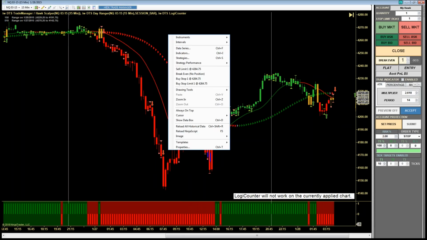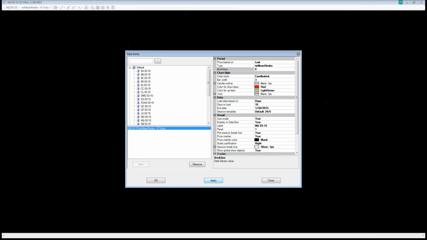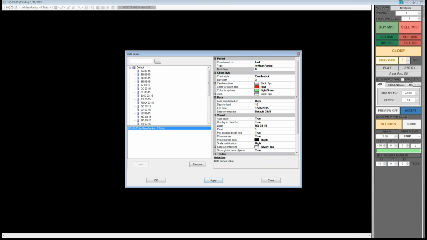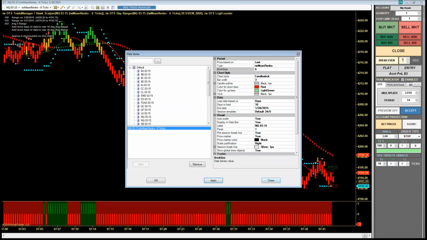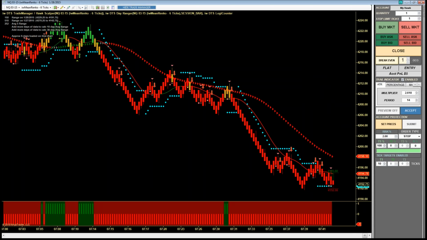So it works on any chart style as well. But like I said, I believe there's a lot of advantages to using the mean Renko bars. It will work on anything but a point and figure chart. It will not work for a point and figure chart.